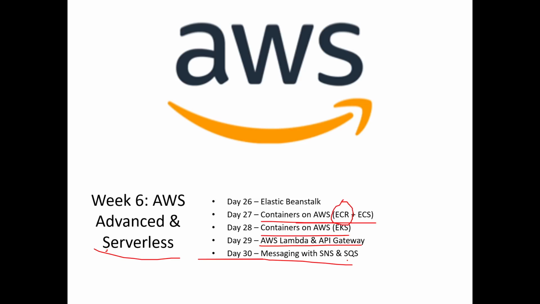That is mostly taken care of by SNS and SQS, a pub-sub service. When you register for something, you get an OTP to your email, and these messaging services take care of that. Once you register, the API triggers SNS, and SNS triggers the email.